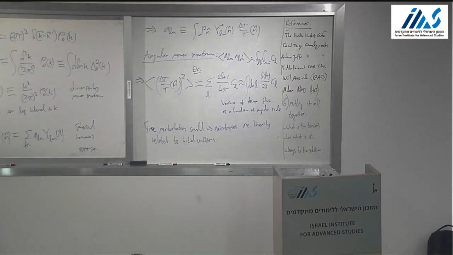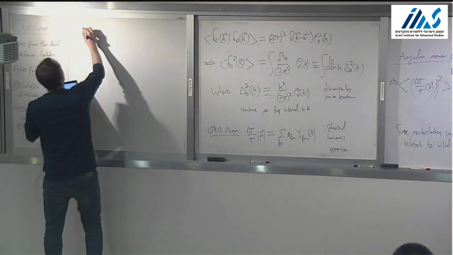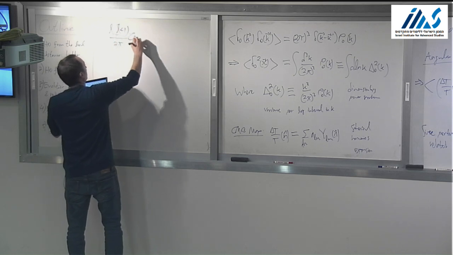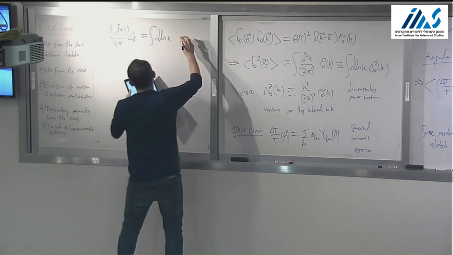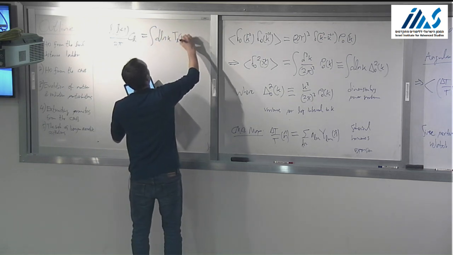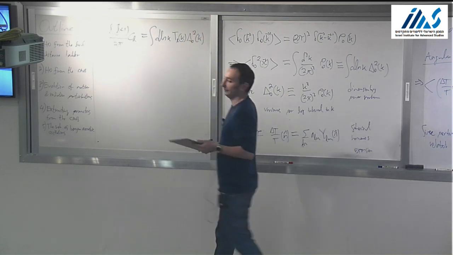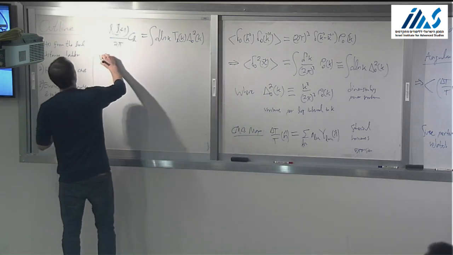So L(L+1) over 2 pi C_L equals the integral of d log k T_Lk squared times delta naught squared of k. Okay? So this gives me the relation between what I can measure.